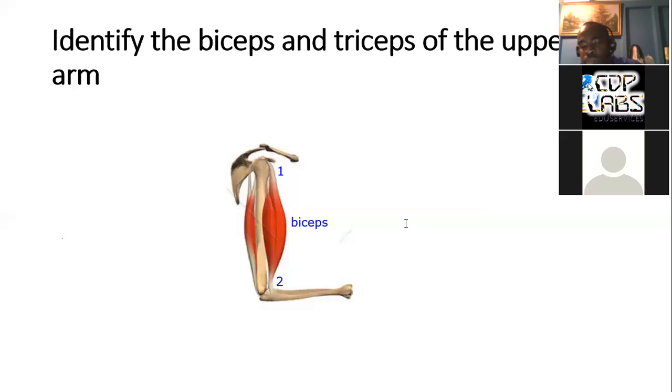the origin doesn't really do much work. All right. Good. So origin is one and insertion is two. Good job, Mona. So you have to make sure you know that.